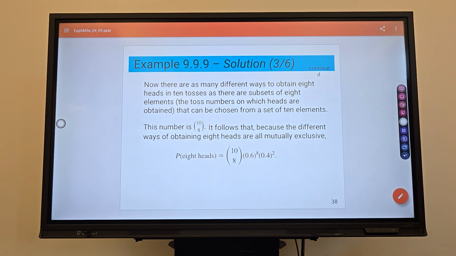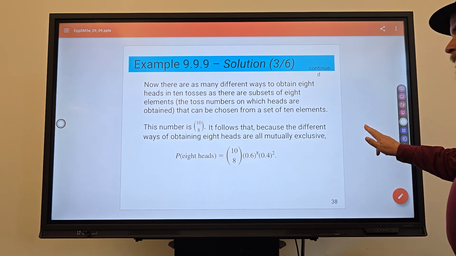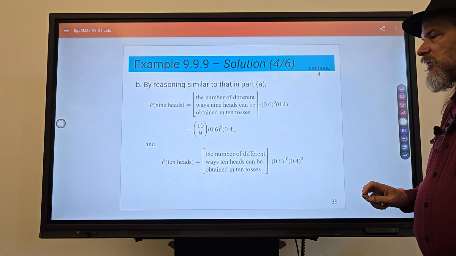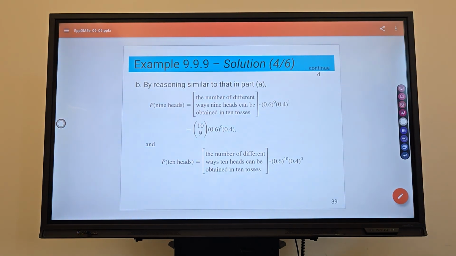It follows that, because the different ways of obtaining the 8 heads are all mutually exclusive, the probability of 8 heads would be 10 choose 8 times 0.6 to the 8th times 0.4 to the 2nd. But they don't multiply it out and give a result in percentages. Kind of a missing point on the slide there.